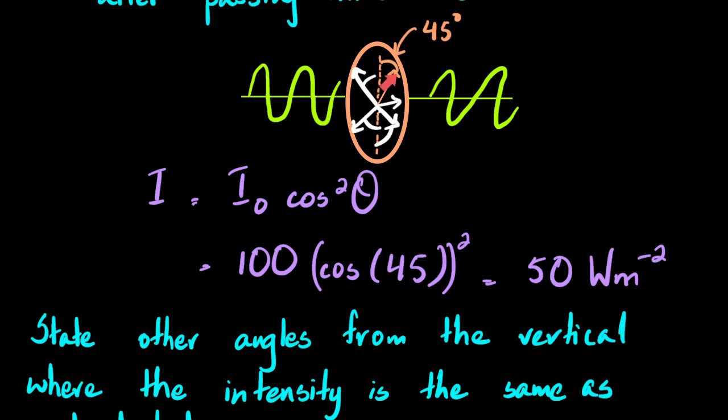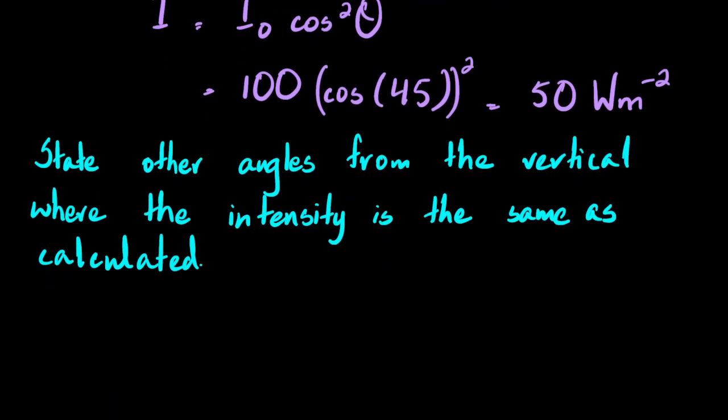So the first one was this 45 degrees, the second one is going to be this thing. If this is 45, this would be 180 minus 45. So the first angle would be 180 minus 45, right?